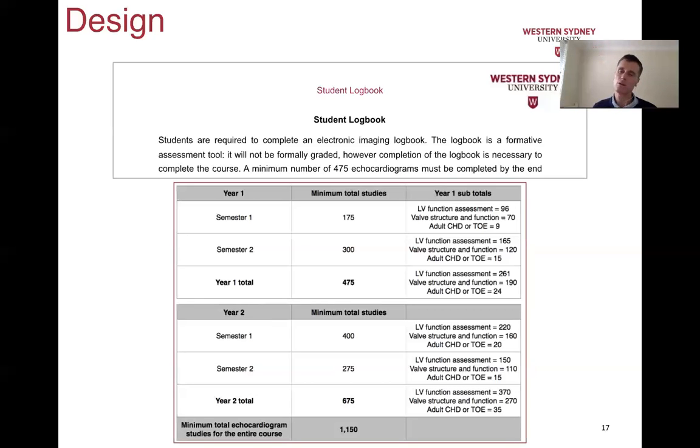What we don't want you guys to do is focus entirely on the numbers. However, this is significantly lower than what ASAR wanted us to demand of you guys. The reason for that is we wanted you to be doing quality studies, not just a heap of studies that aren't good quality. So I certainly hope by the end of June this year that 400 studies will be achievable.